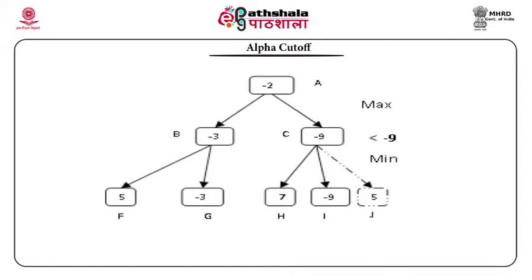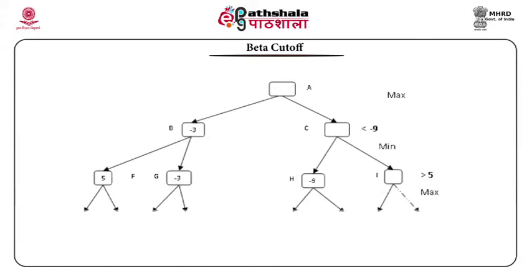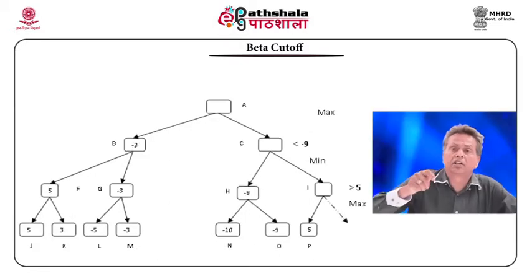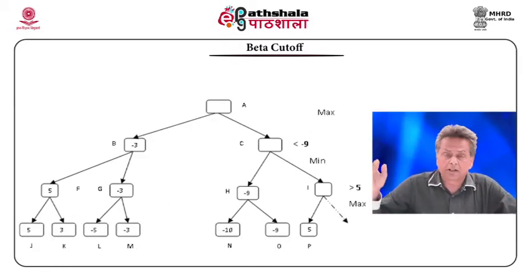Now you can see something quite similar in the next slide. I'm exploring one more child of I after I explored P. Now I've already got 5, which is very good. Now why should I not be exploring the next one? Please understand, the opponent has two options. H is already given at -9. So given an option, the opponent will obviously play.